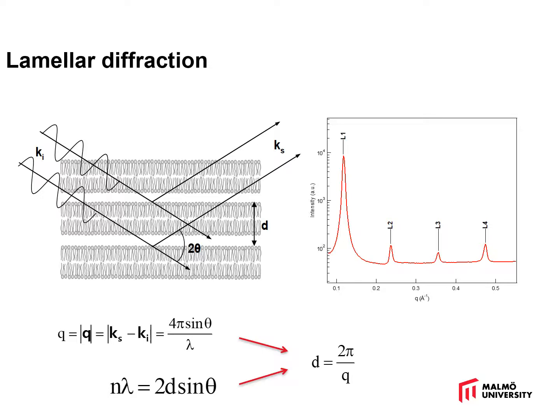And because of the phase shift induced by the periodic structuring, we see a scattering pattern which is made up of well-defined peaks with a well-defined spacing between them. The distance between the peaks is indicative of the bilayer spacing.